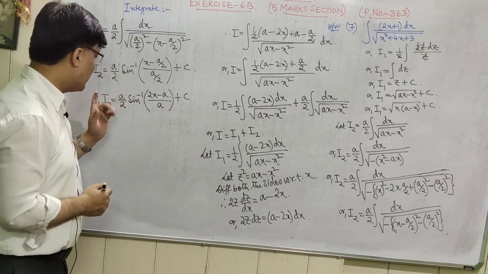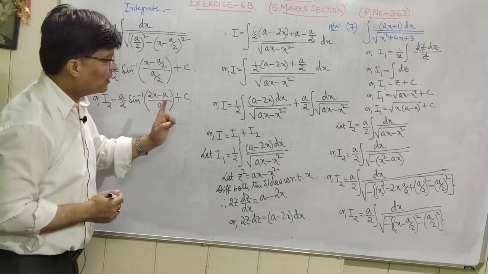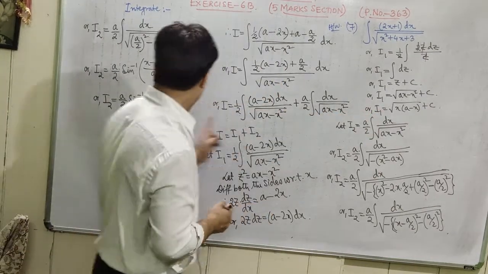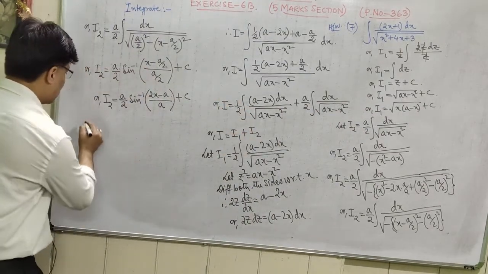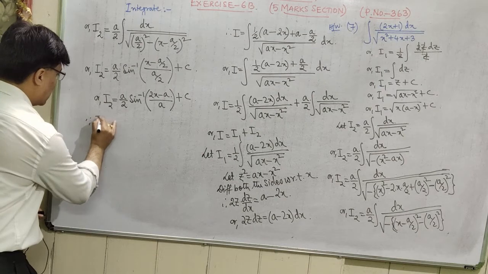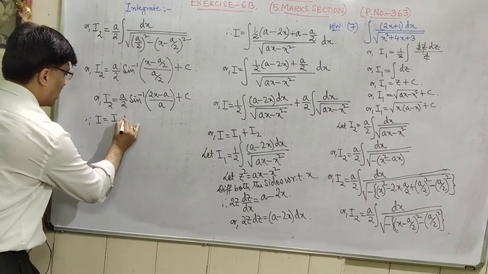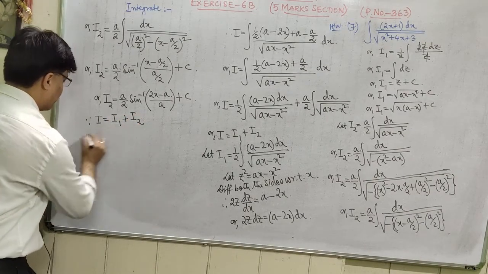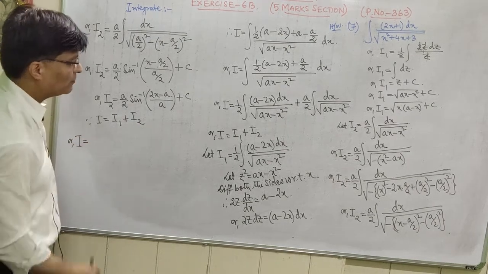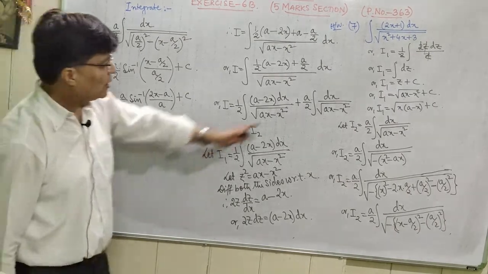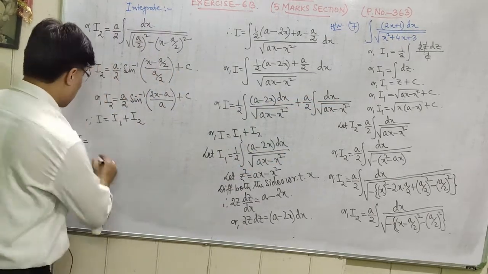So let us put these values of I1 and I2 in this I. Since I is equal to I1 plus I2, what is I1? What was I1 actually? It is root under x into a minus x.